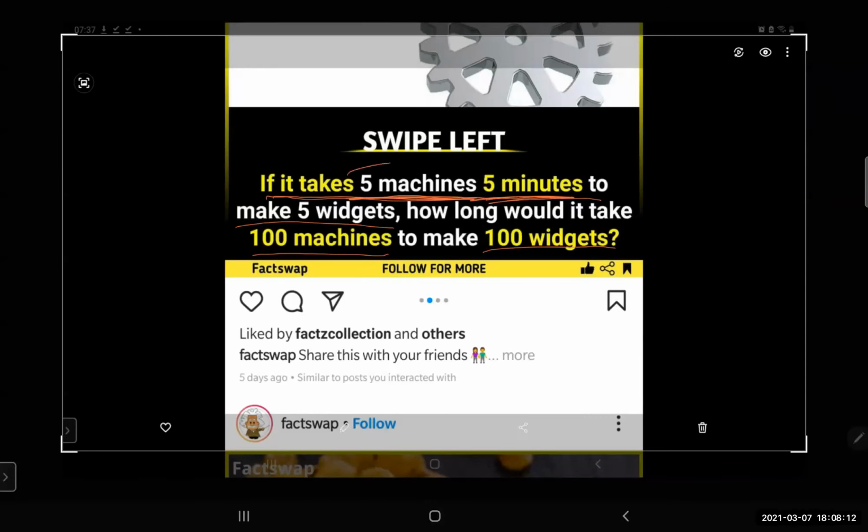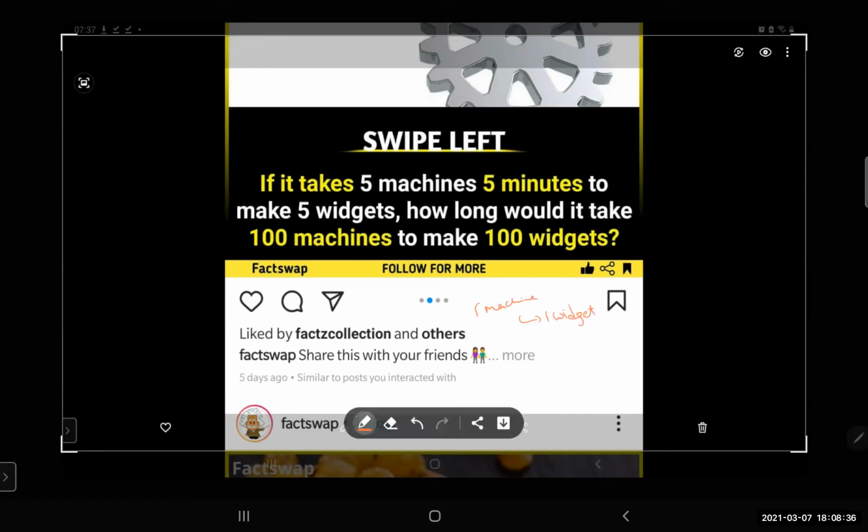It takes 5 machines 5 minutes to make 5 widgets. So if 5 machines are making 5 widgets, can I say each machine is making 1 widget? Yes, sir. So one machine is making 1 widget. In how much time? 1 minute or 5 minutes? 5 minutes.